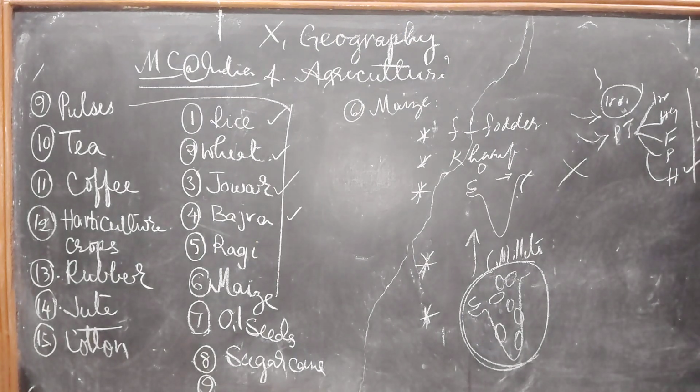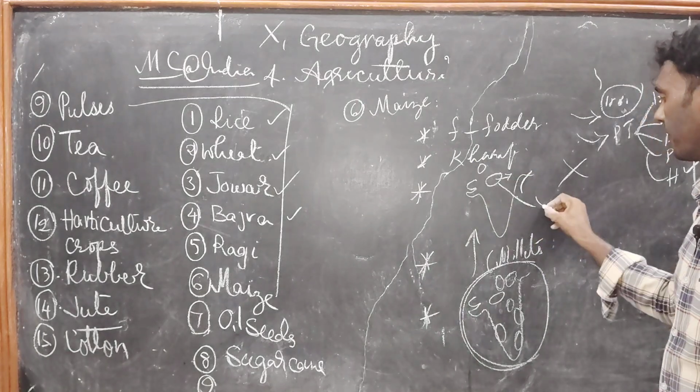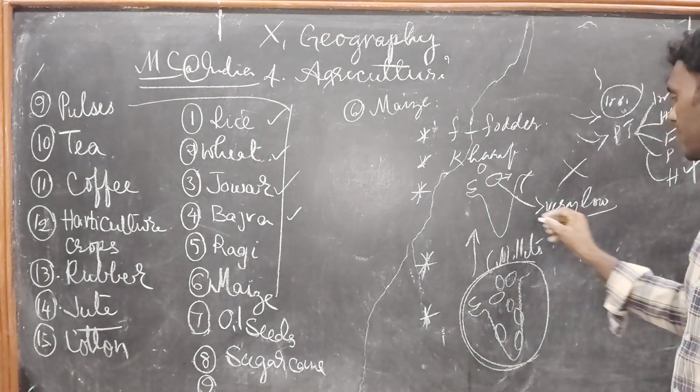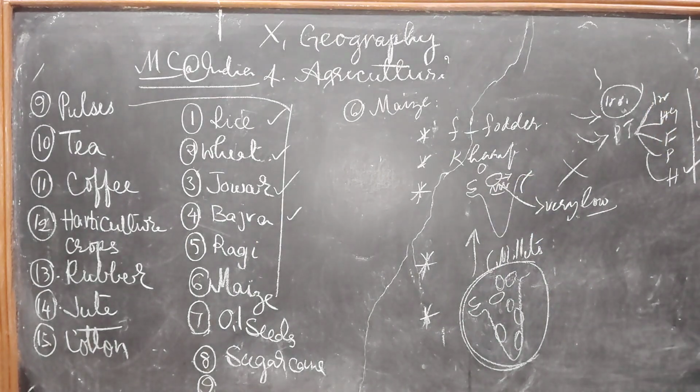But sometimes we cultivate in rain-fed. In rain-fed, if we cultivate like in Madhya Pradesh, the yield is very low. We can see this kind of crop in the Vindhya Satpura ranges. There we are cultivating in rain-fed, so the yield is very low.